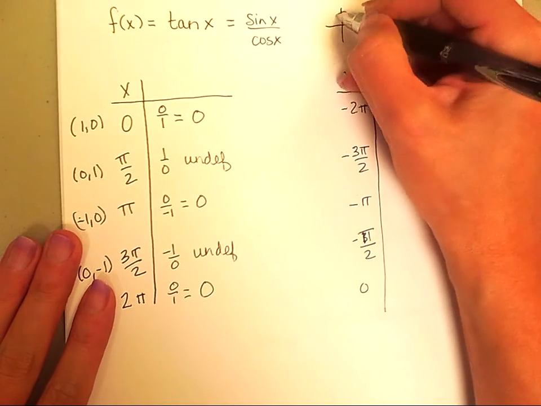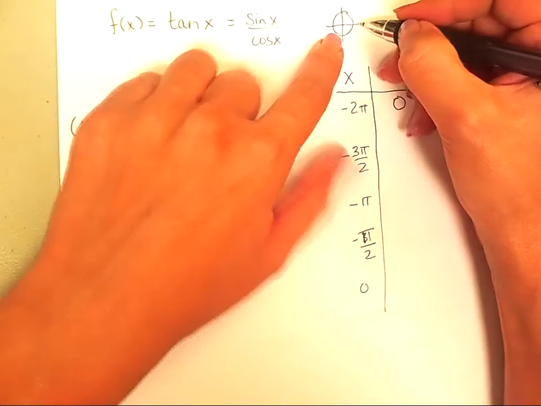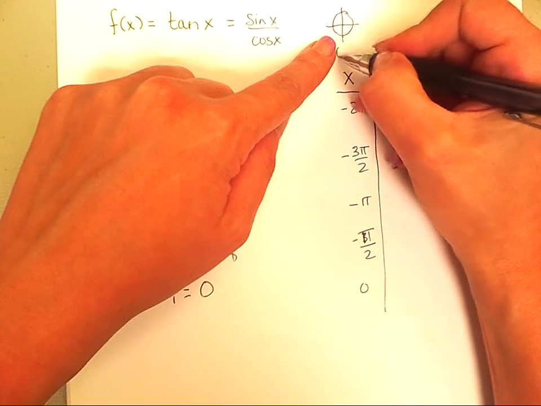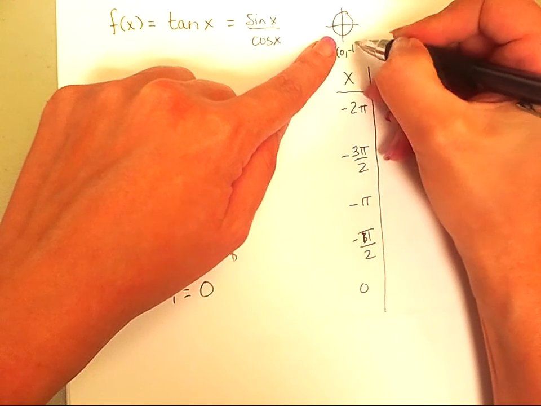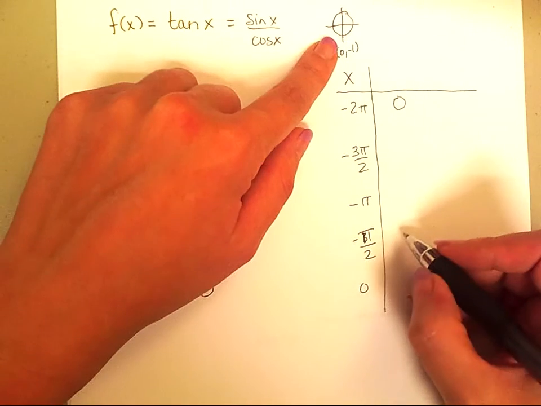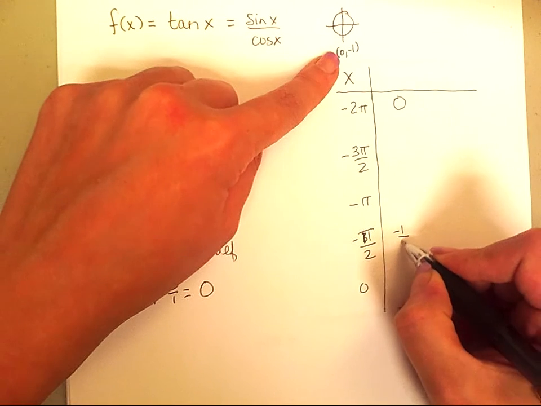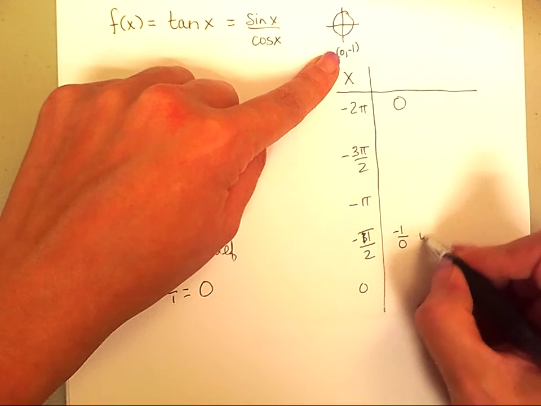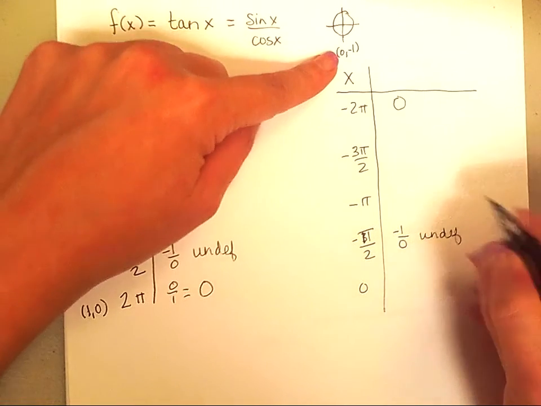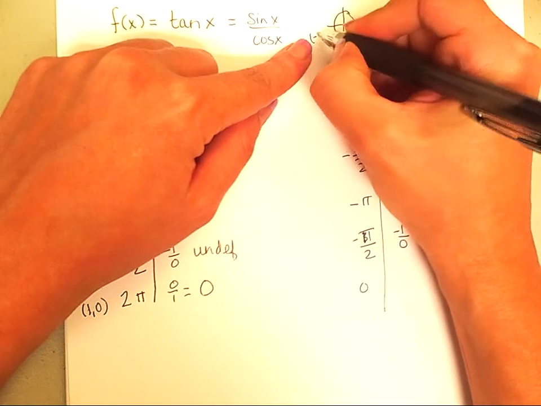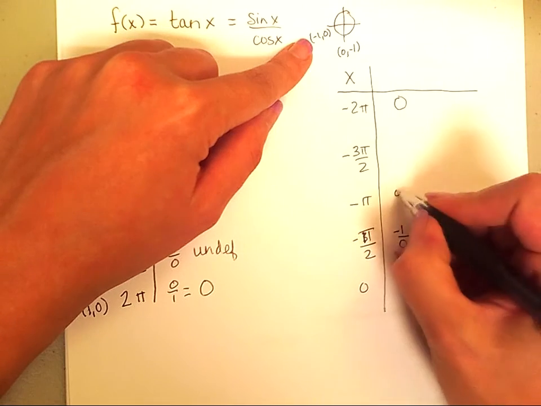So if we work in the negative direction, now negative 2 pi is down here. Remember, this is the point 0 comma negative 1. So the tangent here is negative 1 over 0, which is undefined. At negative pi, we have negative 1, 0.